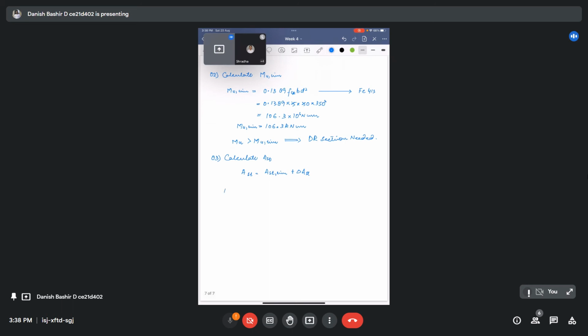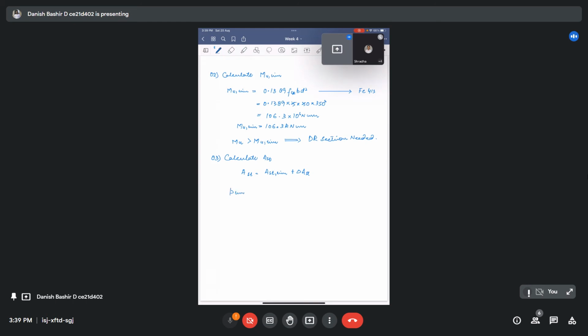AST limiting we can get directly from the formula, because AST limiting is for the balanced section. First we will calculate the percentage of steel for it to be balanced.